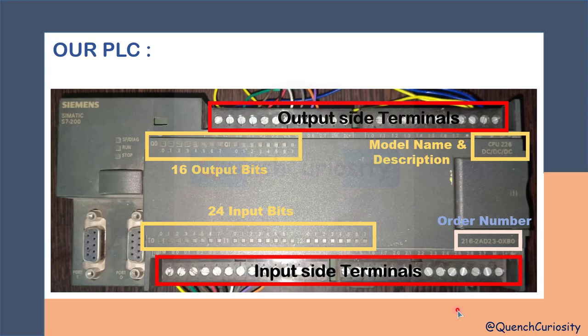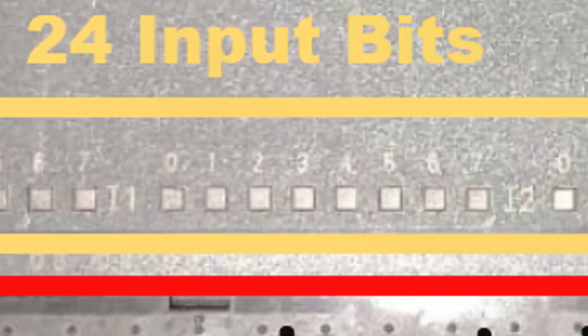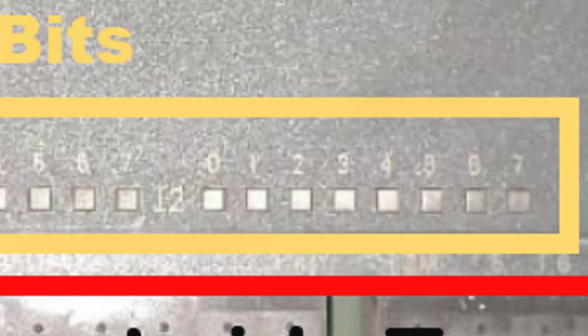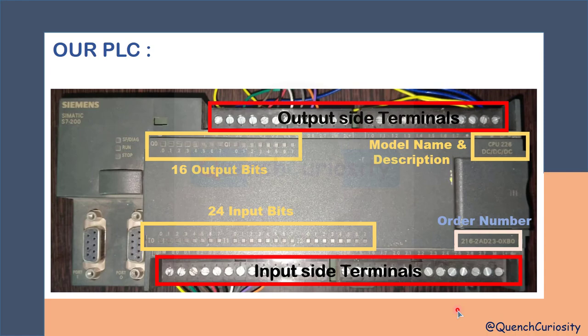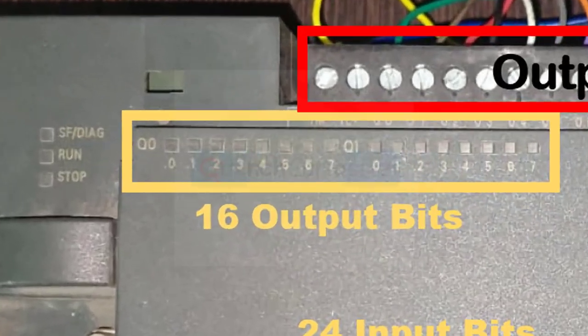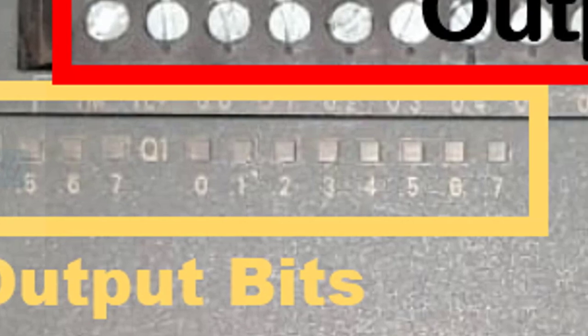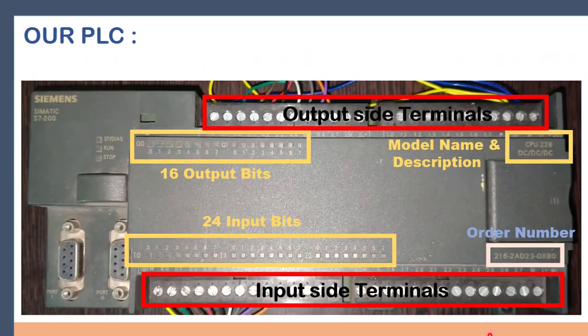So the addresses I can use are I0.0 to I0.7. Then I can jump to I1.0 to I1.7, then I2.0 to I2.7. Similarly, since I have 16 output bits, I can start from Q0.0 and go to Q0.7. Once I have utilized all my output bits, I can go for Q1.0 to Q1.7.